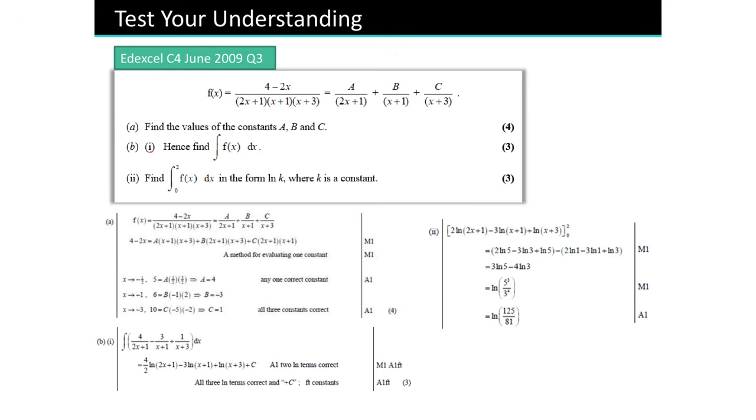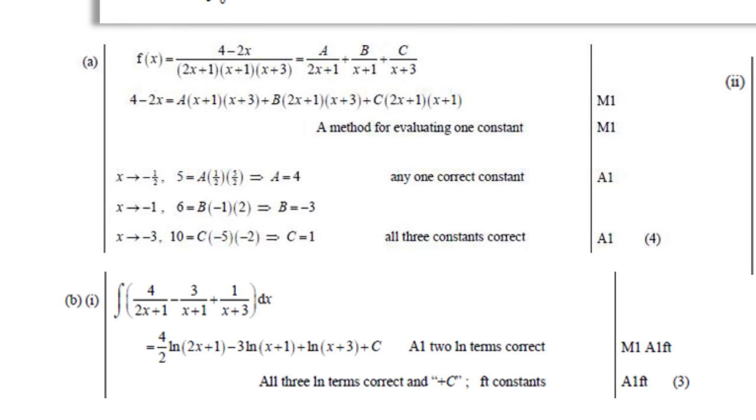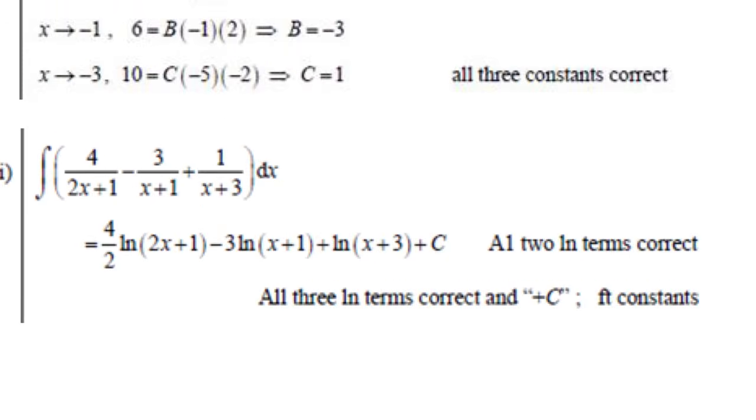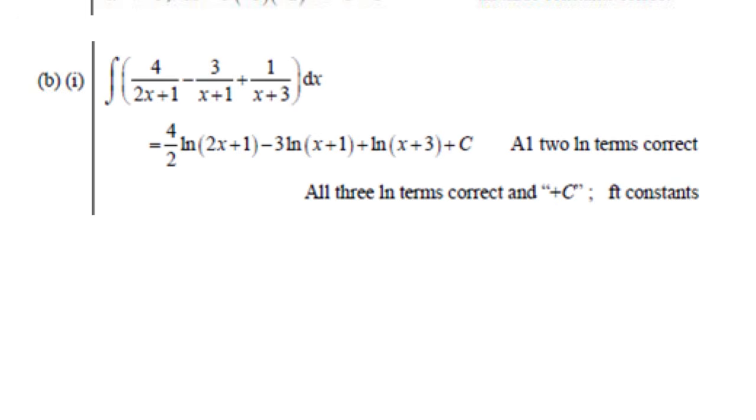Okay, so here is the mark scheme. You should have got A is 4, B is minus 3, and C is 1. You then should have got 4 over 2 ln of 2x plus 1 minus 3 ln x plus 1 plus ln of x plus 3 plus c.